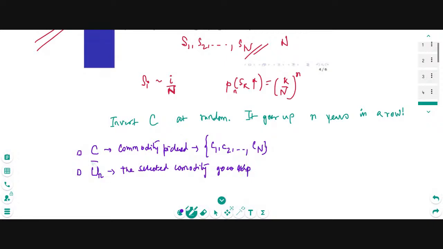Understand, Un is actually dependent upon C. You have to understand it intuitively. Un is dependent upon C.